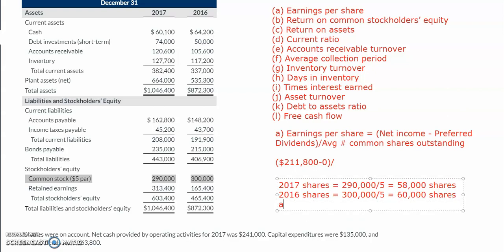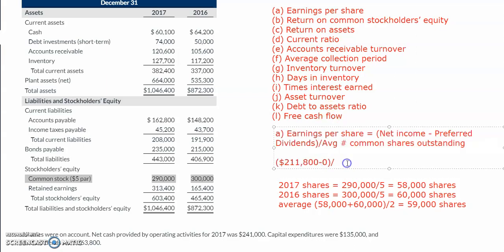So our average is going to be 58,000 plus 60,000 divided by 2, so that equals 59,000 shares. So you can see that you need to do a little bit of math in some of your problems. Okay, so I'm going to divide that by 59,000 shares.